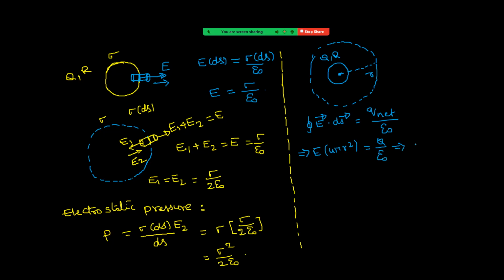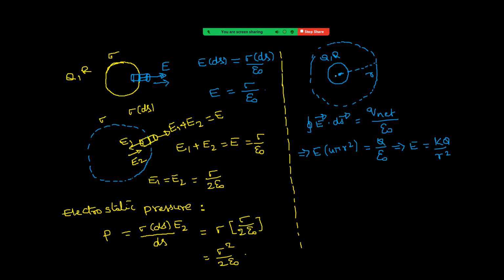So this is giving us E equal to Q by 4 pi epsilon naught r square, that means KQ by r square. If you observe carefully, this expression is the same as the field due to a point charge.